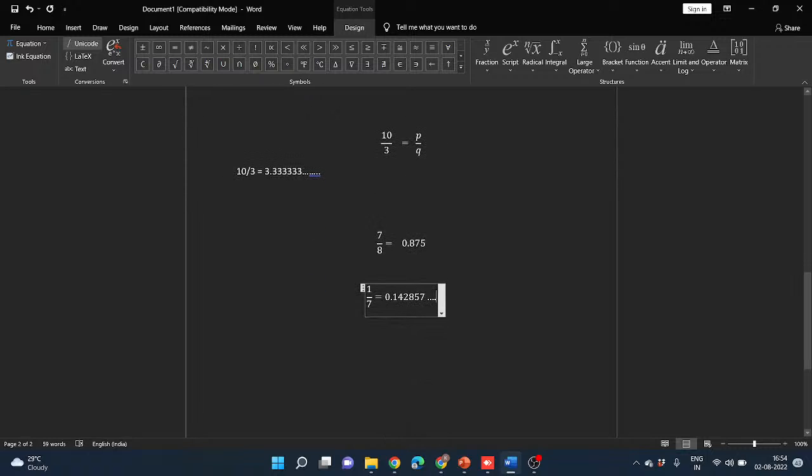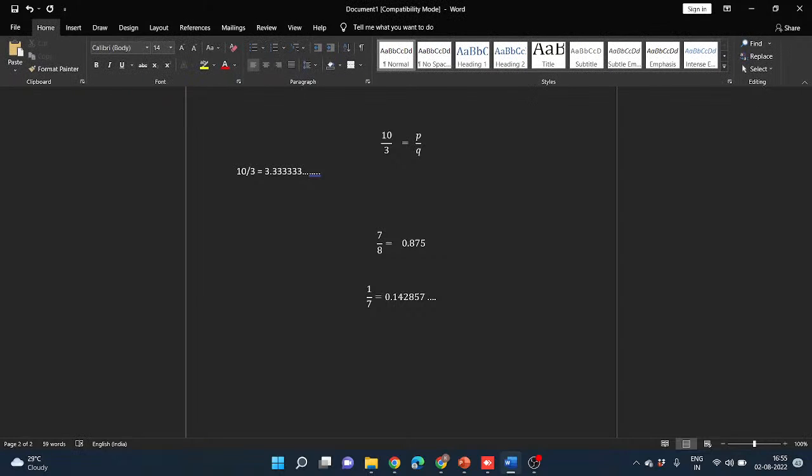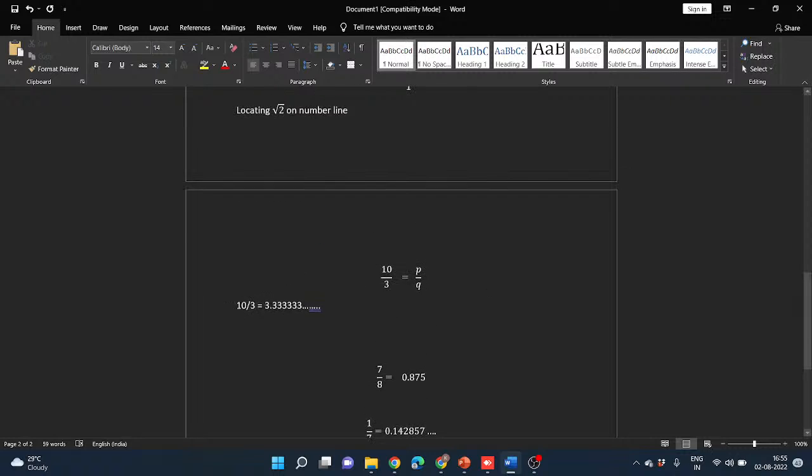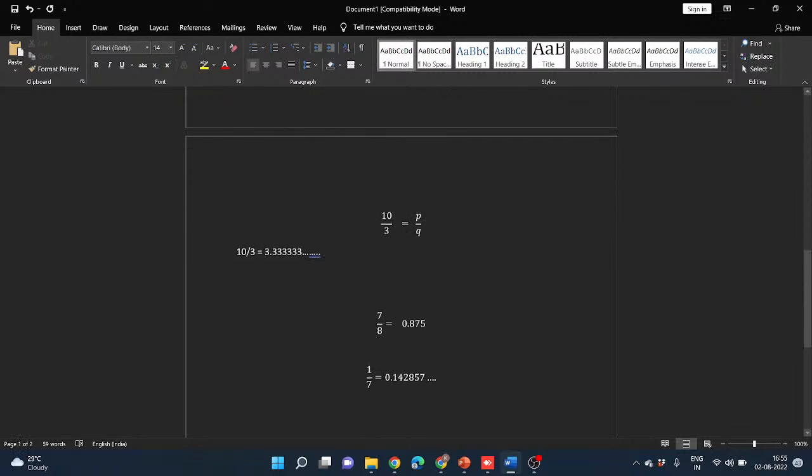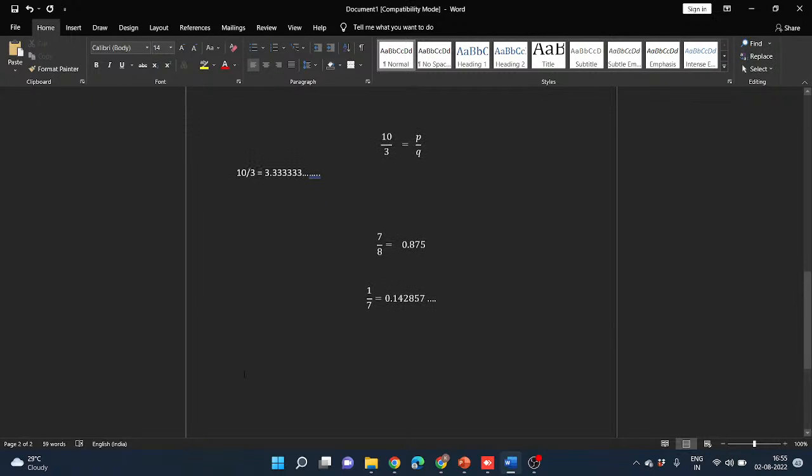So these are the three types of fractions which we have solved. In the first one, we got a remainder 1 and then we put a decimal. Again we got remainder 1, so the divisor was 3. So we noticed here that the remainders either become 0 after a certain stage or sometimes start repeating themselves.